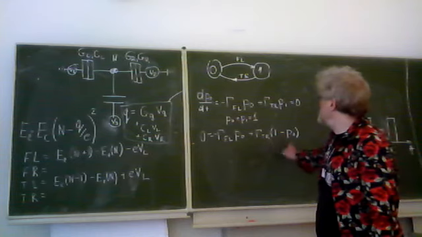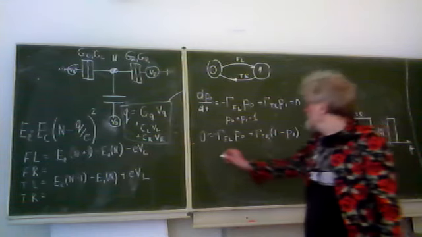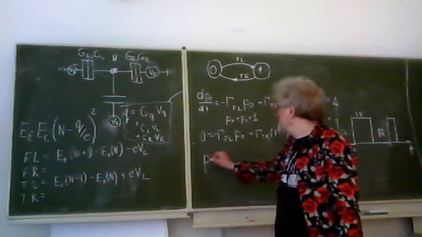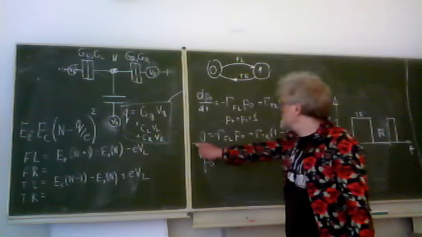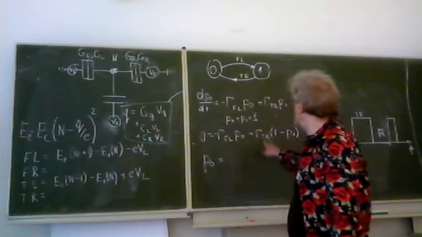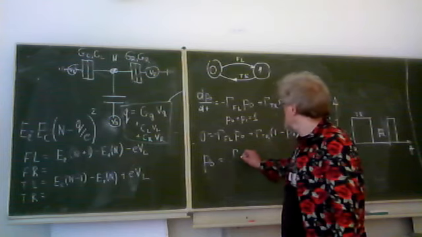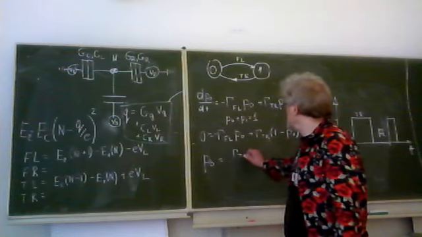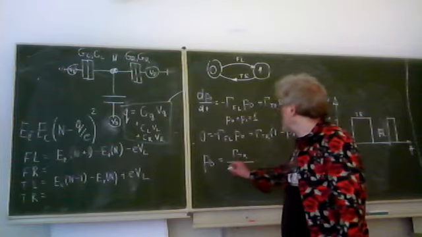Let us see how to solve it. I put this term to the left, this term to the right, changing sign. This remains Γ_R to the right, divided by the sum of the 2 rates.